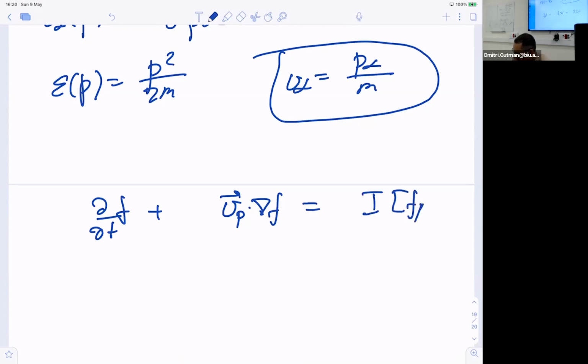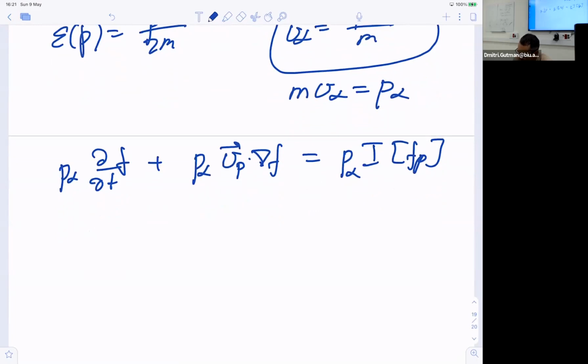is equal to the collision integral acting on f of p. And now I multiply each and every term by m v alpha, which for this spectrum is just p alpha. And now I'm integrating the Boltzmann equation with respect to dp.